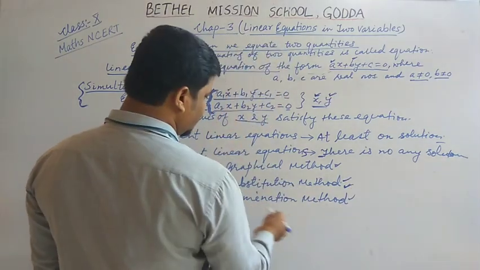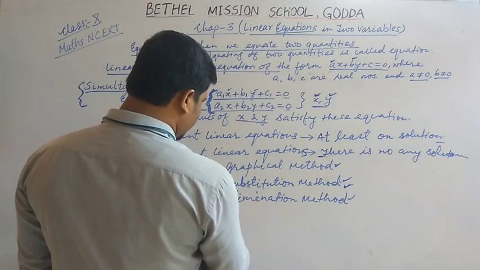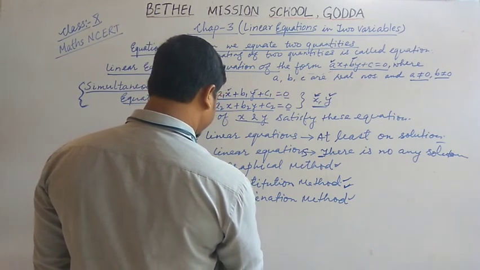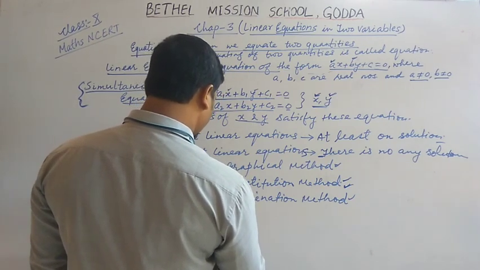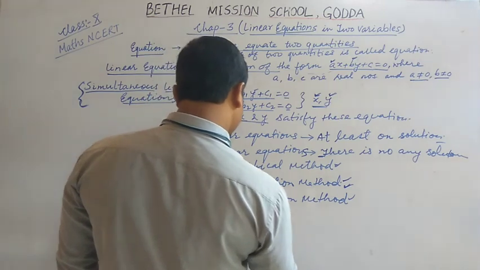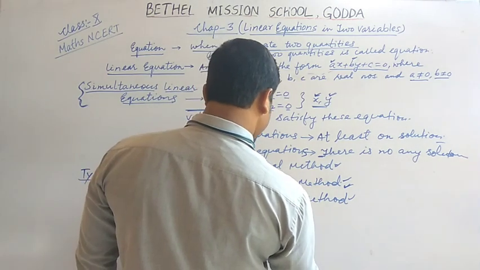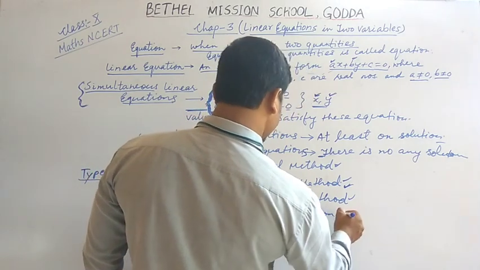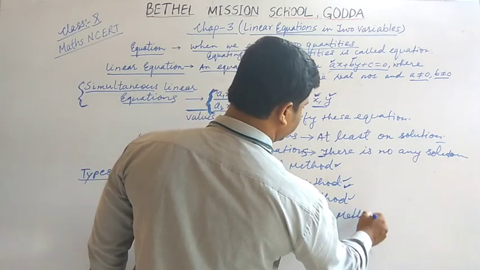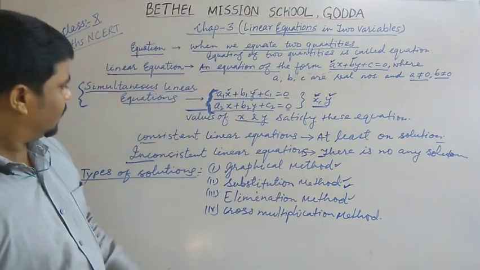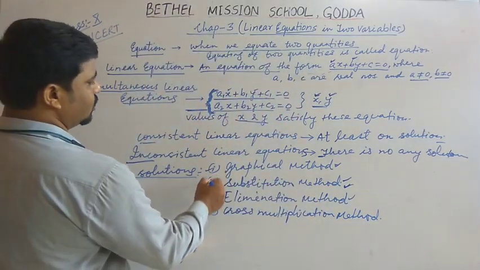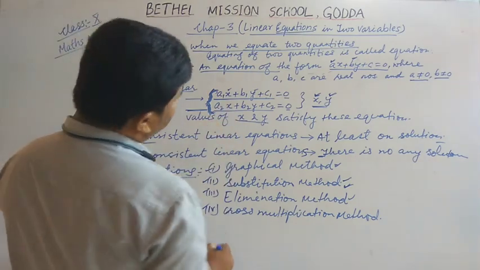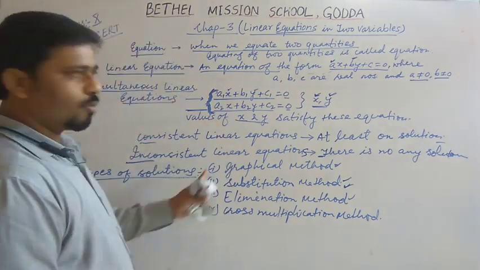Here we will again study another method, the cross multiplication method. So you can see there are four types of solution. It means the value of x and y we can find in four ways.